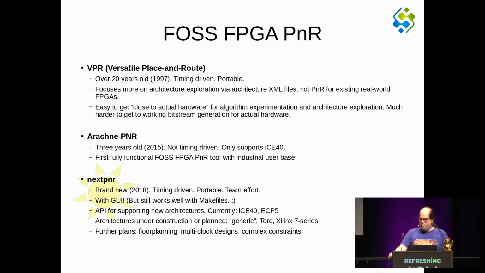There is an API for supporting new architectures, which is a dissimilar approach to what many other tools do. The regular approach would be to have a common data structure, and you just have to create this data structure in memory that describes your target device. We don't have that.